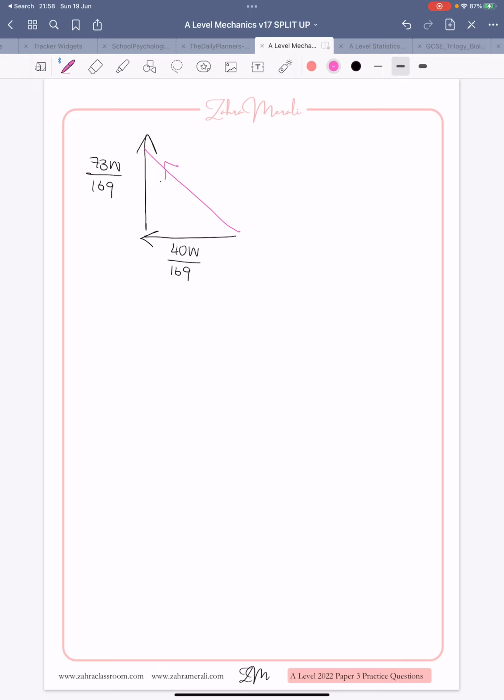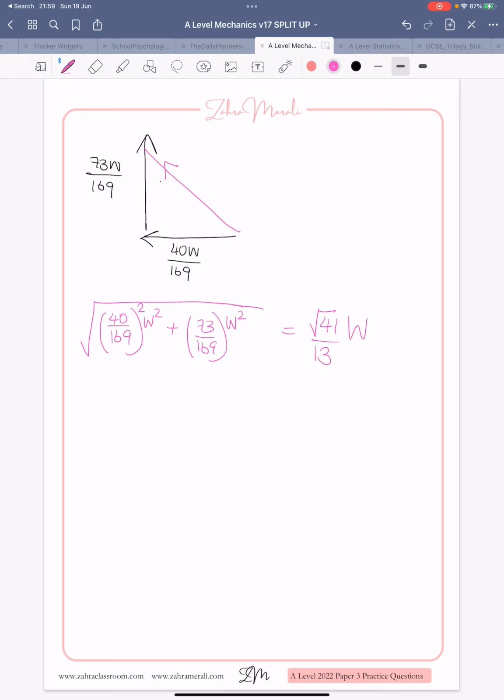So we can do that using Pythagoras, and that's going to be our force at A. So we're going to do the square root of 40 over 169 W, squared, plus 73 over 169 W, squared. When I stick that into my calculator, I get root 41 over 13 W.